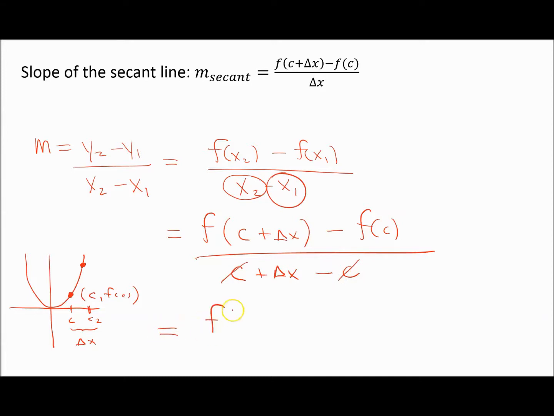So this is just a different way of thinking about y2 minus y1 over x2 minus x1. Instead of naming the next point, we just look at it as a distance away from c. Okay? That's our secant line. And that's what we did every time. But instead of saying how far away from c are we going, we just picked another point.